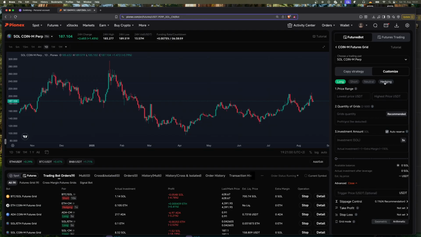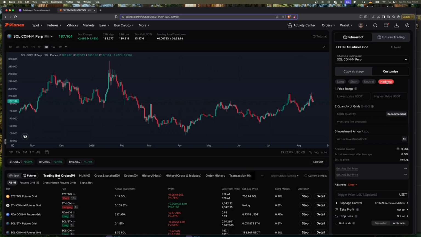The last interesting one, and I made a separate video about that, is the hedging one. The hedging one is always at one leverage, so you do not have any liquidation risk. It's interesting, at least for coins you do not mind holding long term and holding more of, when you want to be value preserving. What the hedging does is, you also start with the coin, and compared to the short, it actually sells when rising and generates more of the coin when dropping.